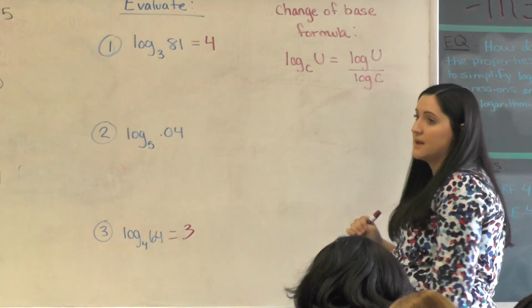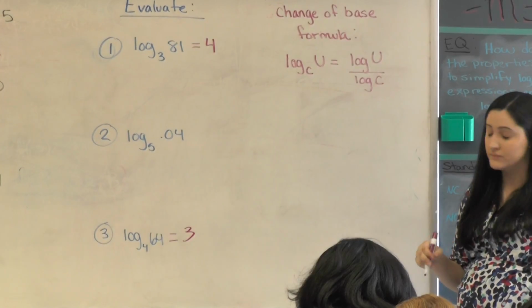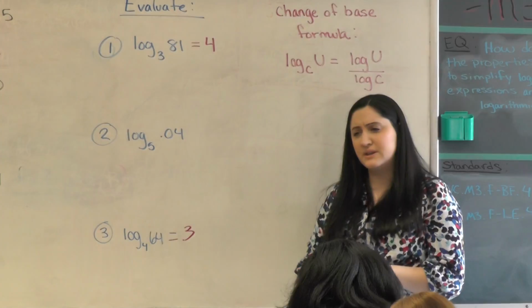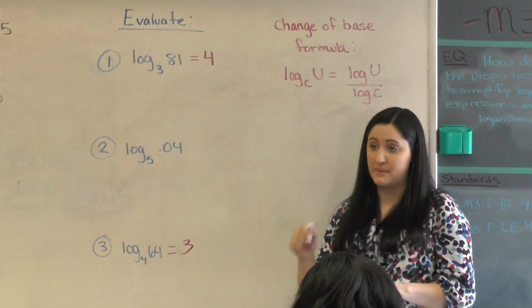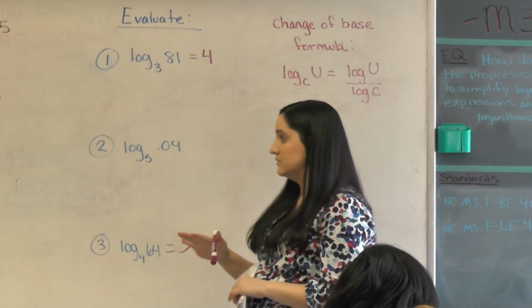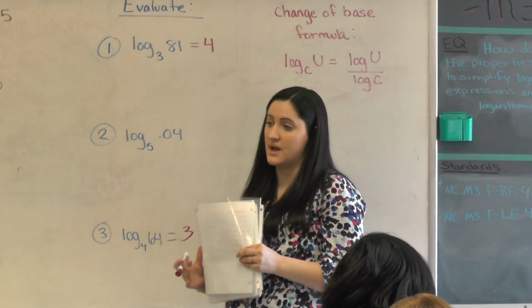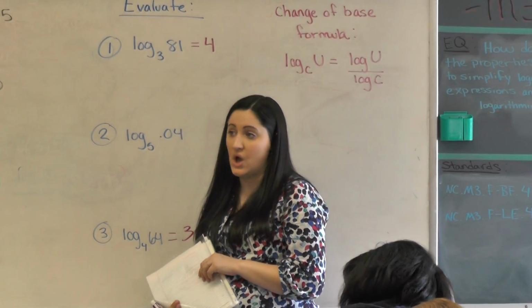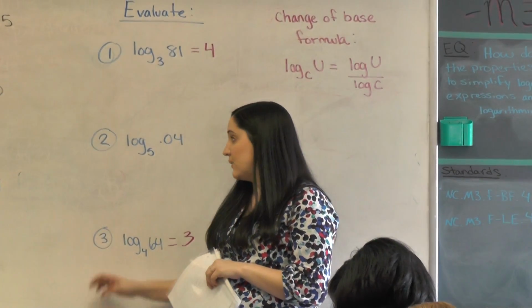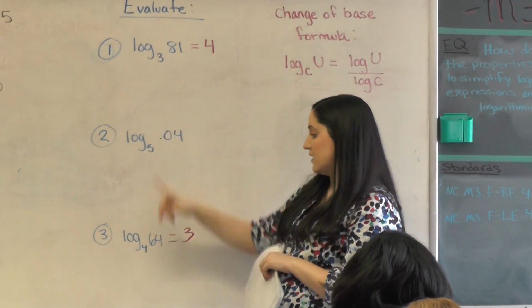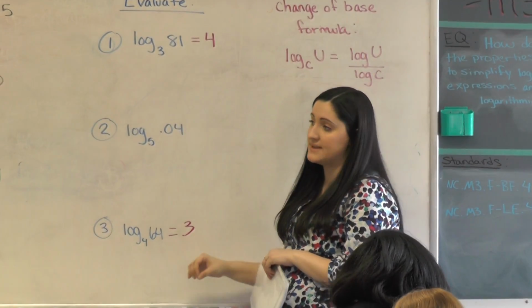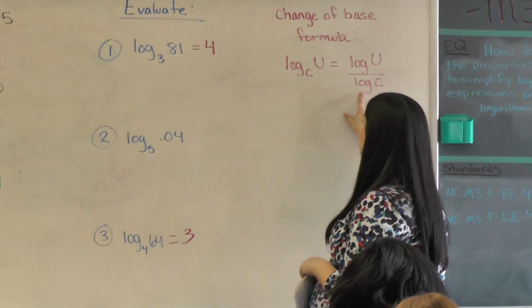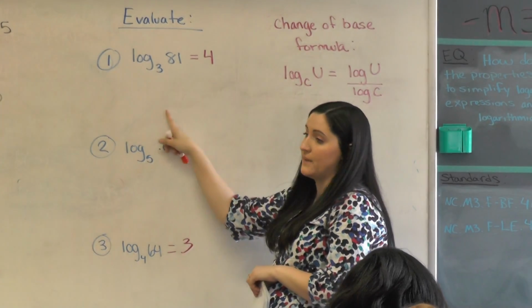Okay, where C and U are some number. Okay, the reason we have this is because in your calculators, you have a logarithm button, right? It's log of whatever. It just says LOG on your calculators. Okay, that logarithm is a base 10, always, right? You can't change it to base 5 or base 3 or base 4, right? It's always a base 10. So we use the change of base formula in order to evaluate this.